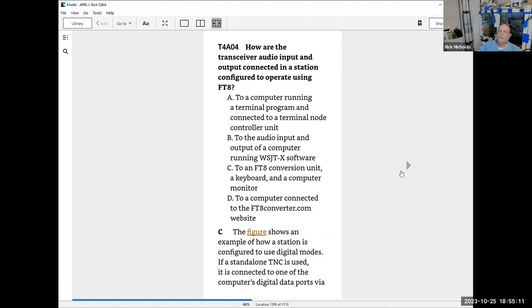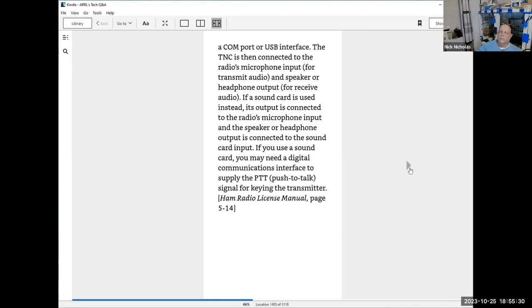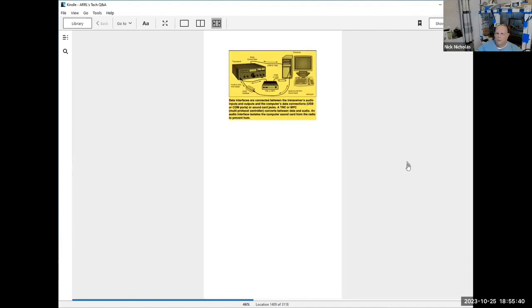You want to connect the conversion unit or adapter to the audio cables. There'll be an audio in, audio out, or mic in, headphone out type connection. The interface or conversion unit, as they refer to it, and I was looking for this drawing.